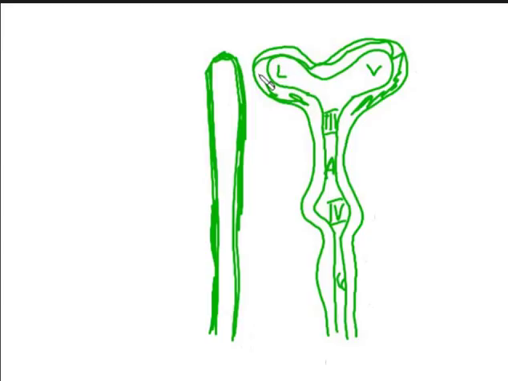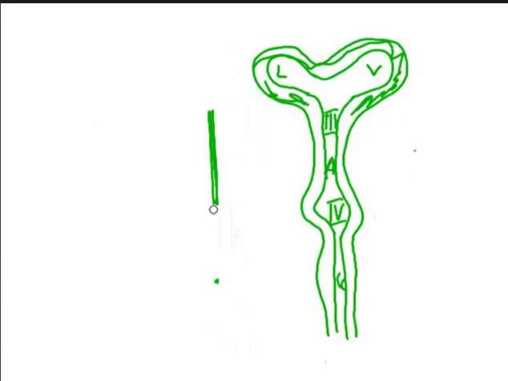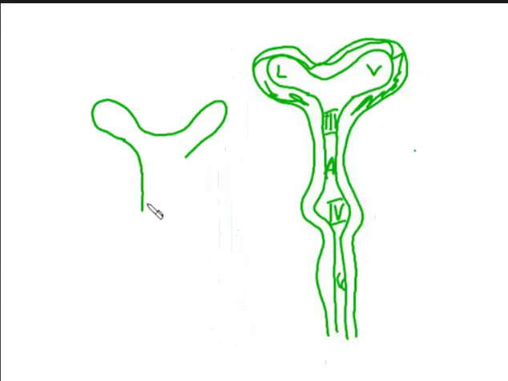Now this nervous tissue increases in size. The amount of nervous tissue increases. Let's look at the lateral ventricles here, and you can see they are connected to the third ventricle.